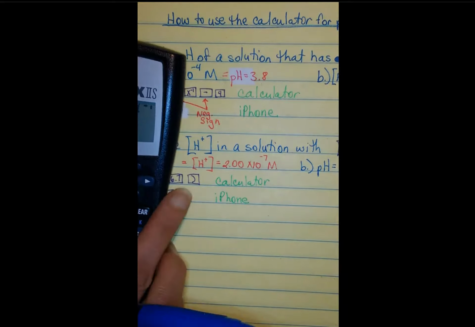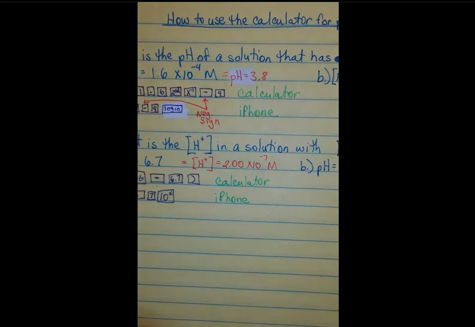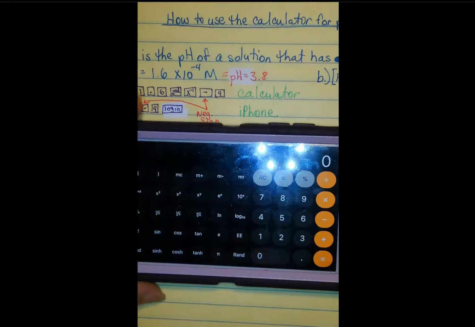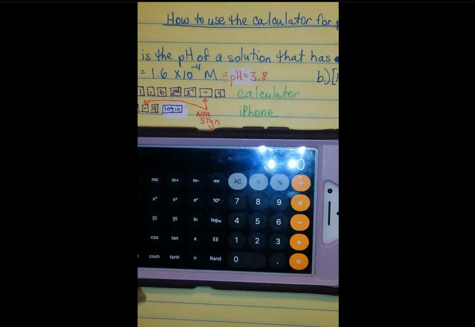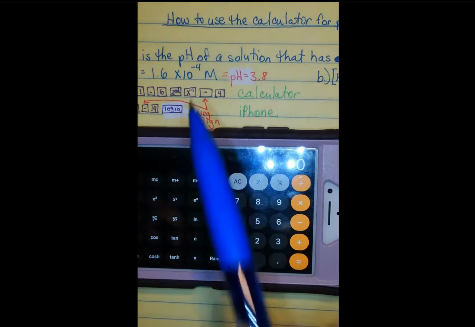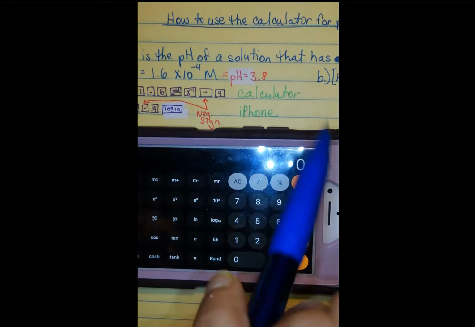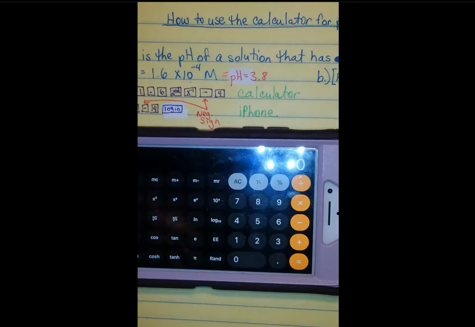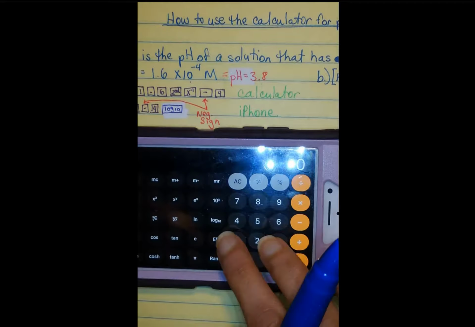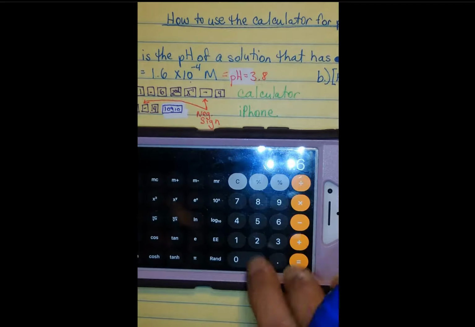If you, on the other hand, are using your iPhone calculator, then you are going to turn it horizontally to get to the calculator mode. Once you turn it horizontally, you are going to put in the actual calculation. Start off with the hydrogen ion concentration, 1.6.